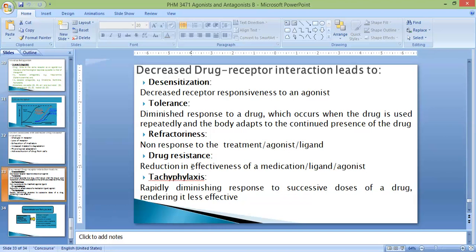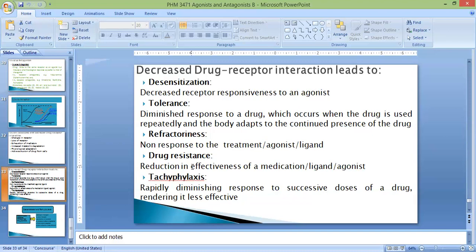But the more people drink alcohol, they're able to tolerate more and more concentrations of alcohol. That is because your body has built up a tolerance. Your body has adapted to this drug, and now your body is having a diminished response to that drug.